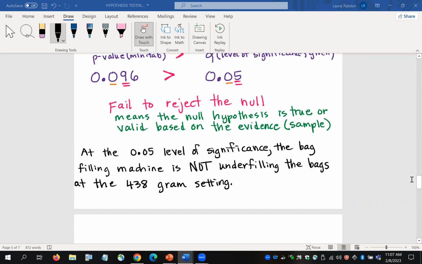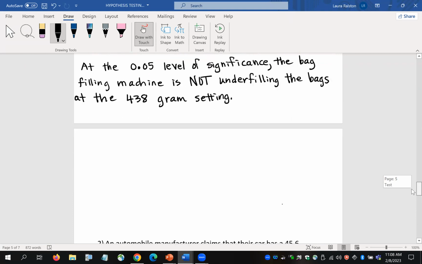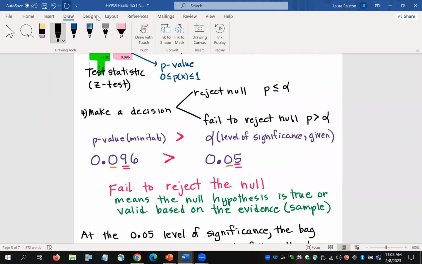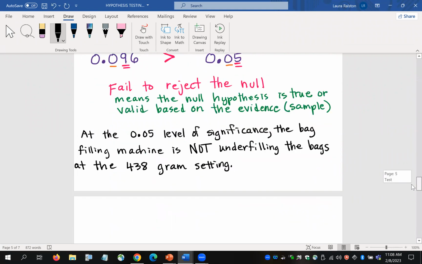I am going to work through another one, but do you have any questions before we look at a second one? Okay, let me see if I can bring this one up on the page.